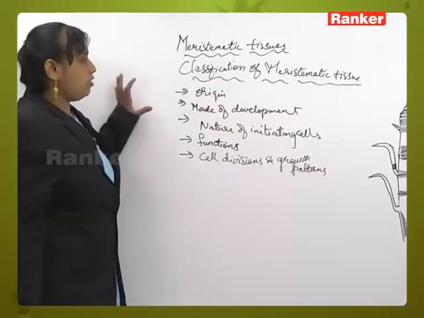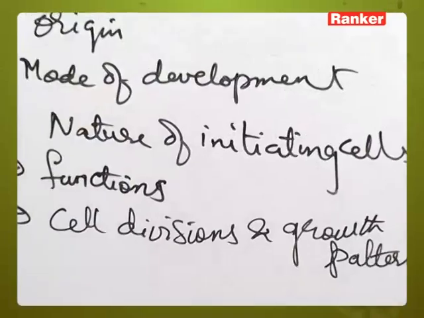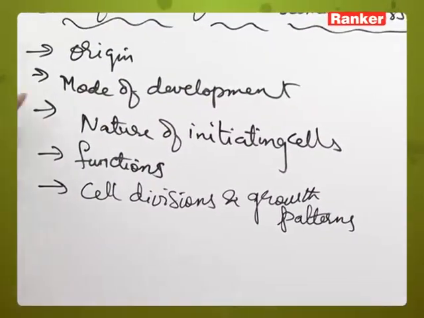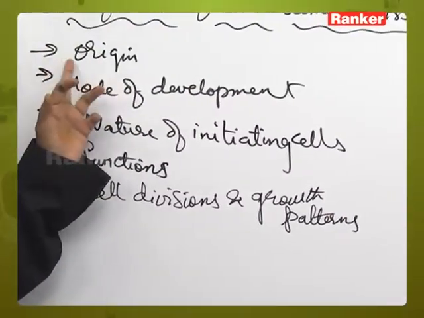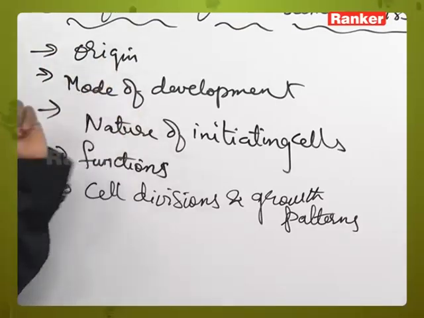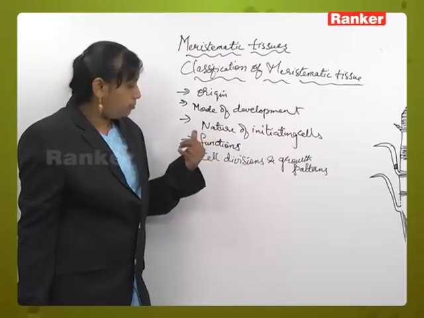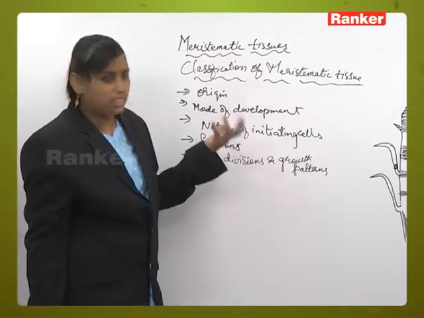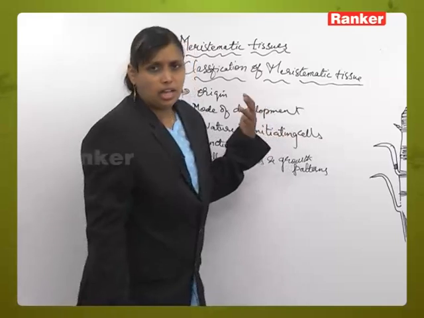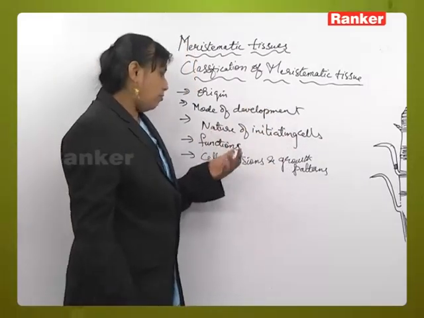The division of meristematic tissues is of different types on the basis of the origin of the tissue from where it is originating, the mode of development, what initiating cells are involved in the occurrence of the meristematic tissue, and what type of function.